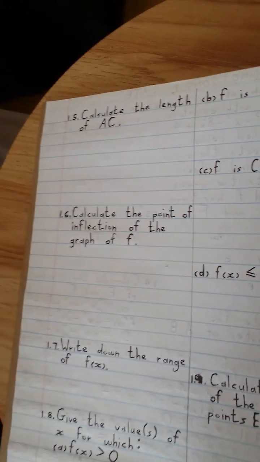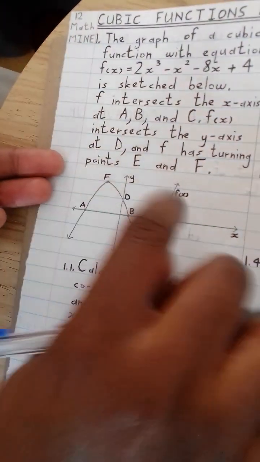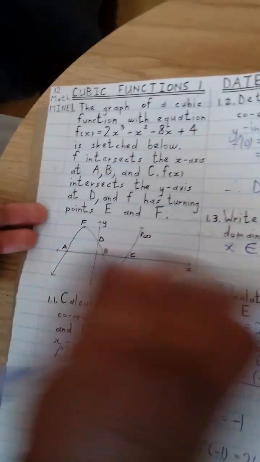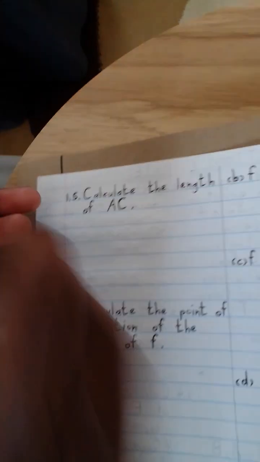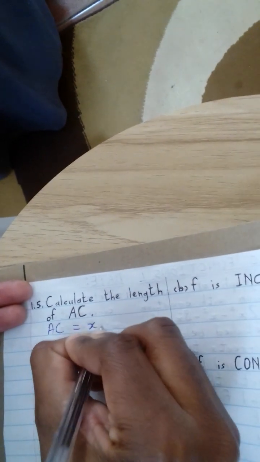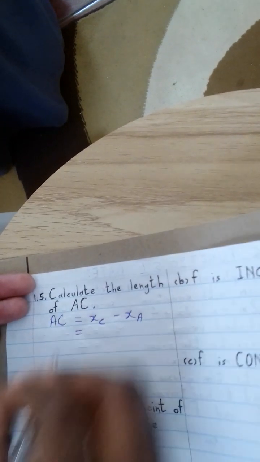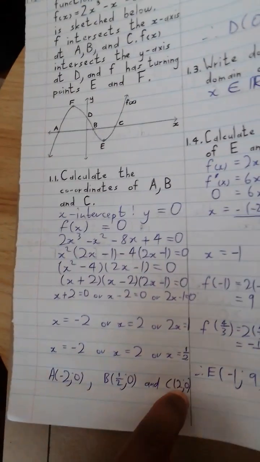Calculate the length of AC. So calculate the length from here to here. Since it's on the same axis, it's just going to be x of C minus x of A. X of C is 2.